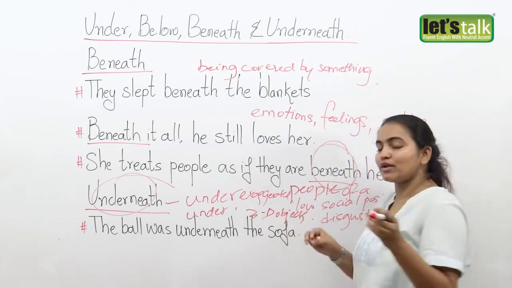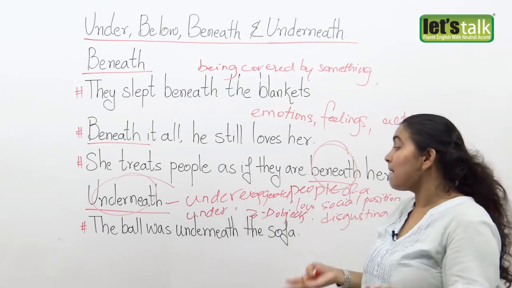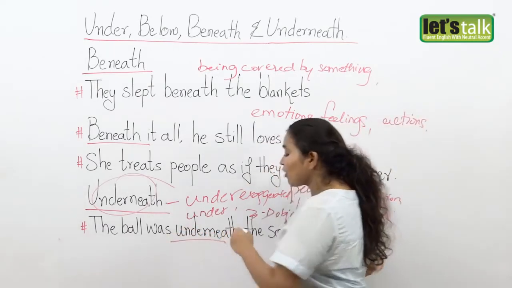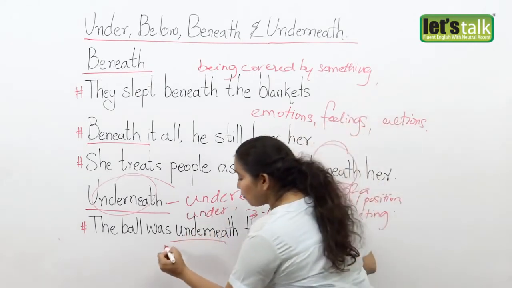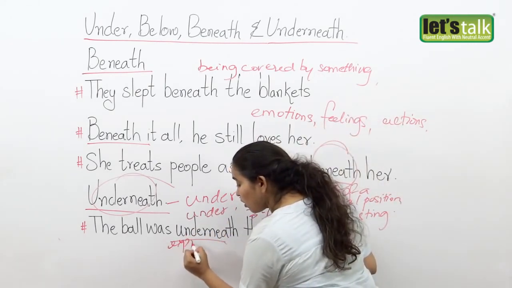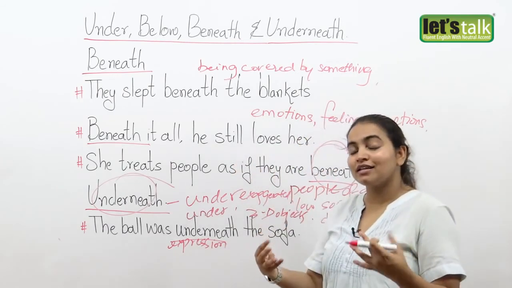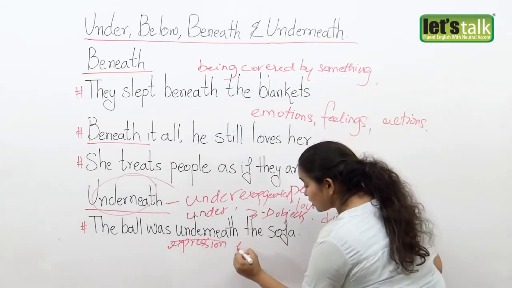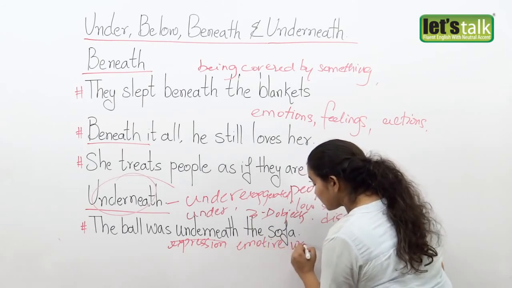So when I talk about 3-dimensional objects, you know that I can use the word under, but underneath is more exaggerated because I want to give more expression, or emote, or talk about it in a more casual way. So an emotive way of saying something.